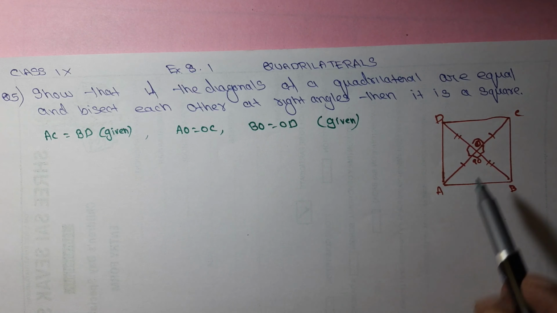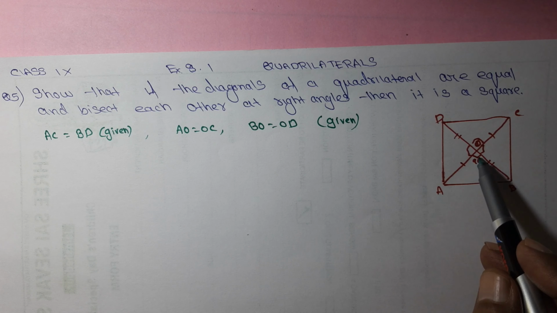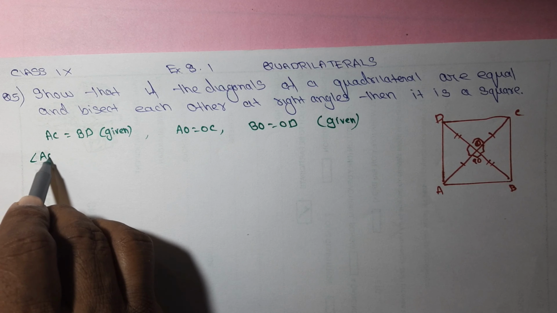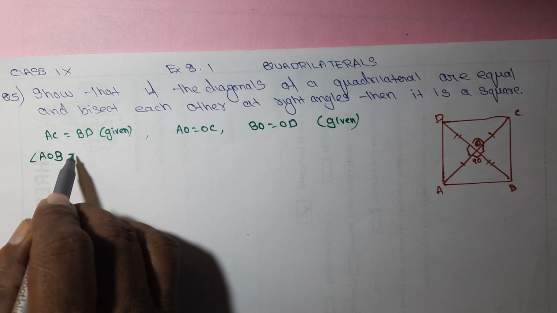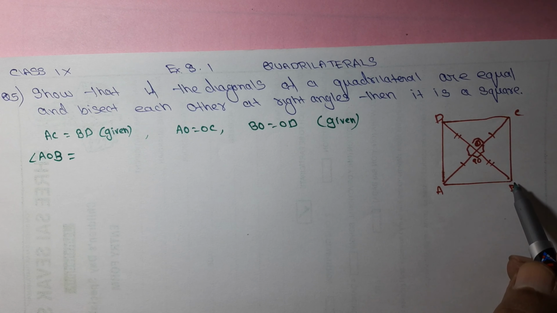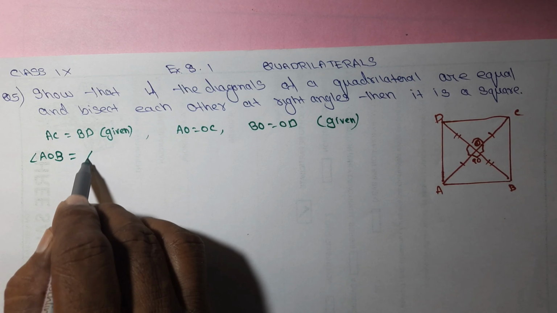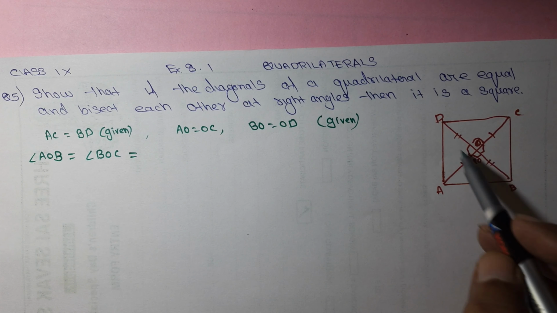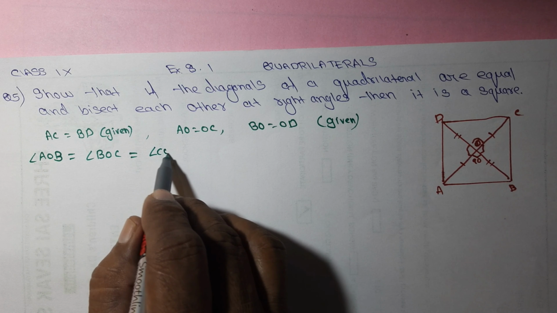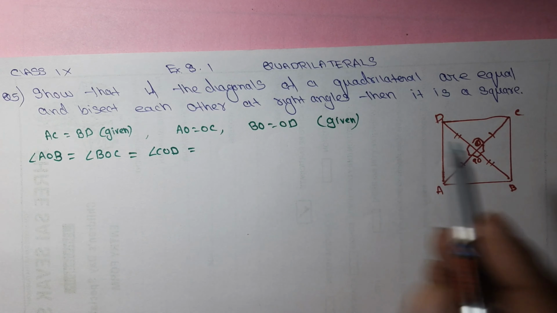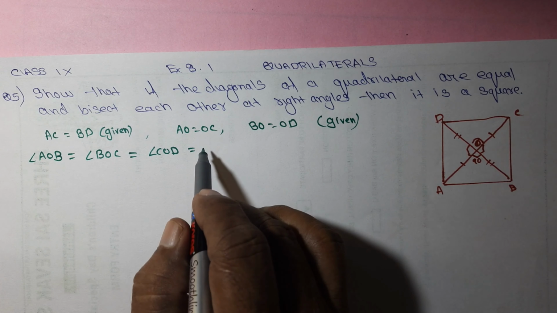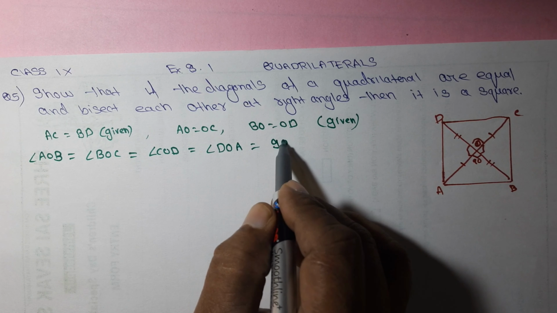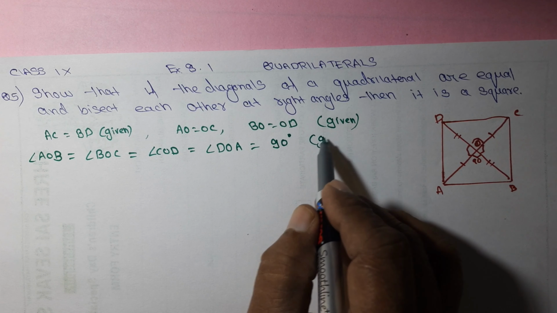Now this angle is 90 degrees. Angle AOB is equal to angle BOC is equal to angle COD is equal to angle DOA. All are given 90 degrees. This is also given.